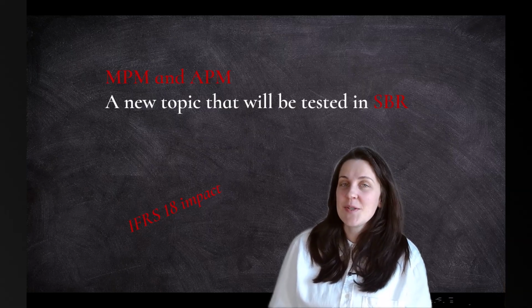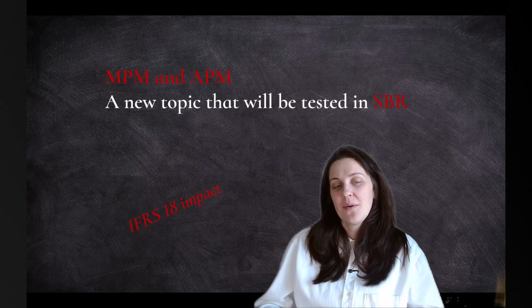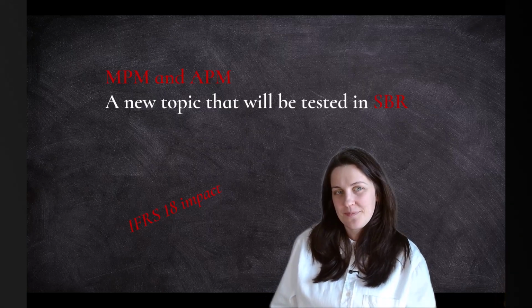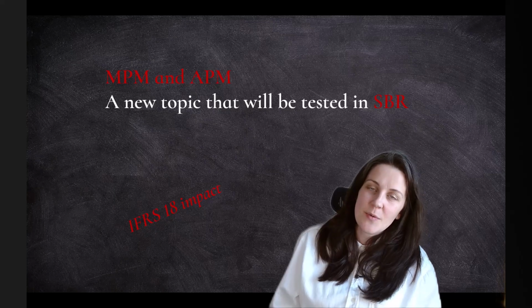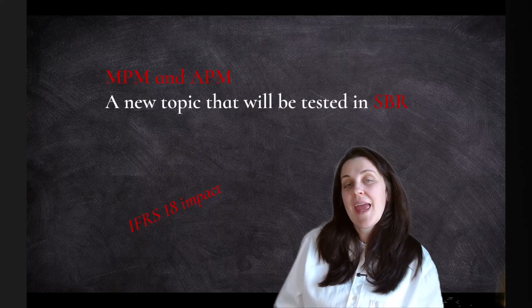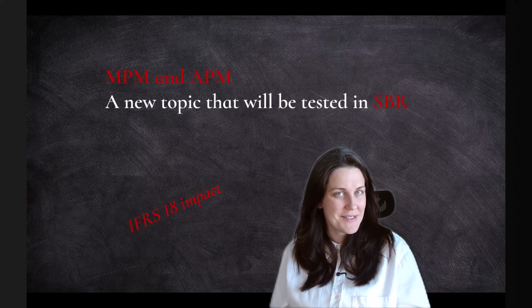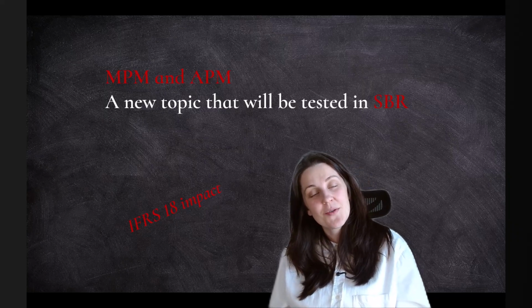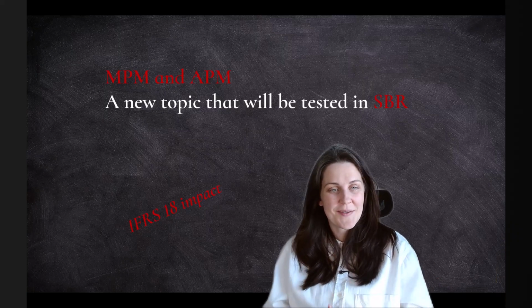And of course, there has to be a disclosure that is going to show how the MPM has been calculated. We expect that with higher probability, it will be APM that will be tested. And as such, you need to be prepared to talk about pros and cons.